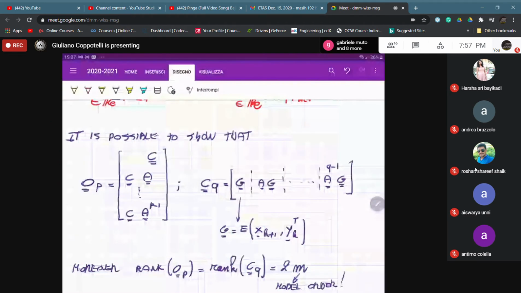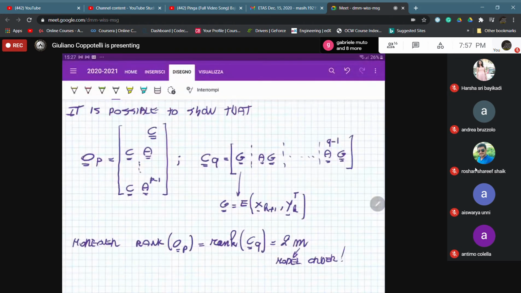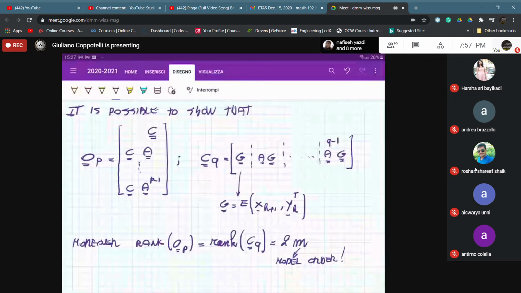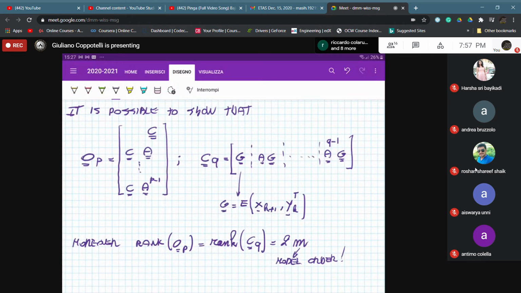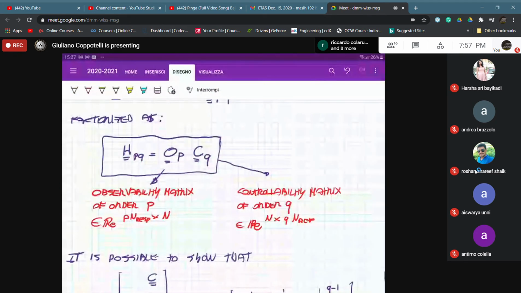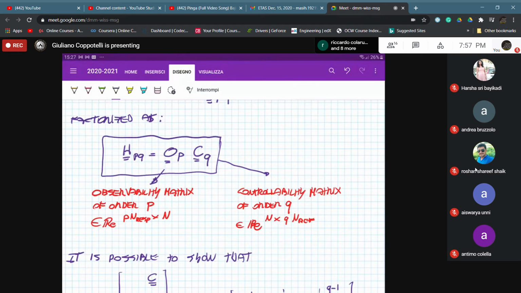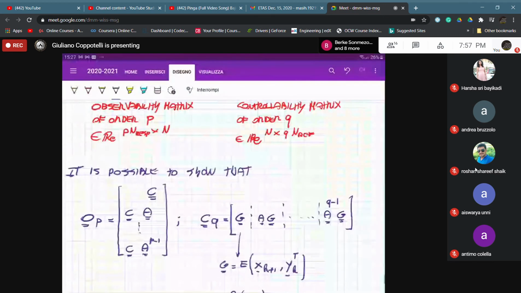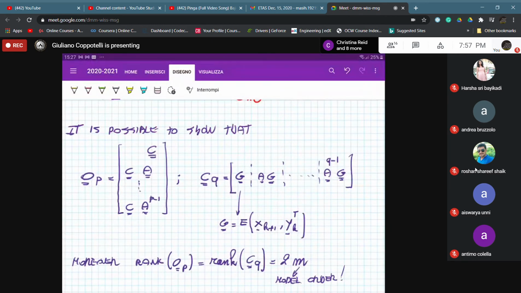Okay, so it is very nice for you to have this information. So it is just a matter of decomposing your Hankel matrix of order PQ into these two matrices, O and C. Once we get your O matrix, you can have your C, and therefore you can have your A, and therefore you are done. You have solved the problem.